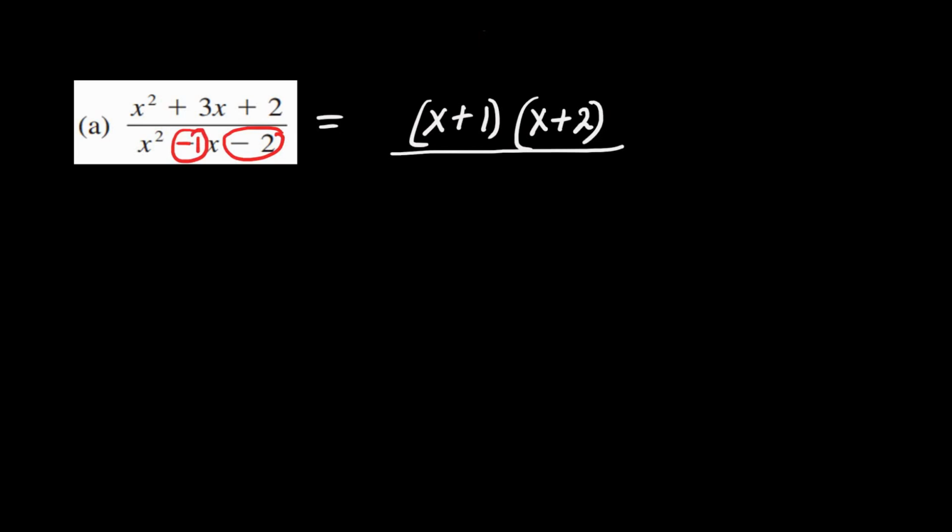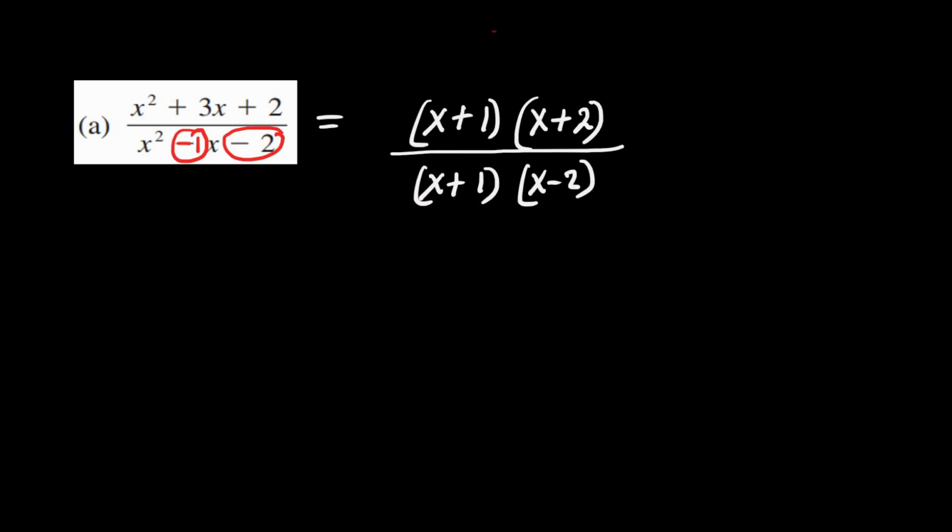Okay, and the two factors of negative 2 that can give us that are positive 1 and negative 2. Positive 1 times negative 2 would give us negative 2, and the sum of negative 2 and positive 1 is negative 1. So all we have to do now is to add x here and here and just put them in parentheses. Good.